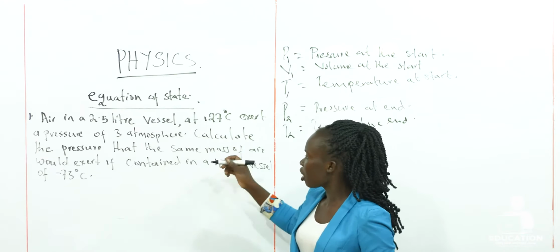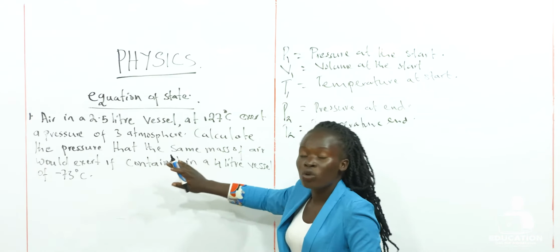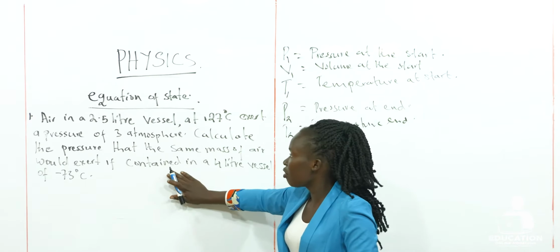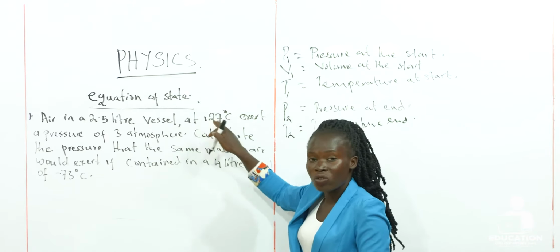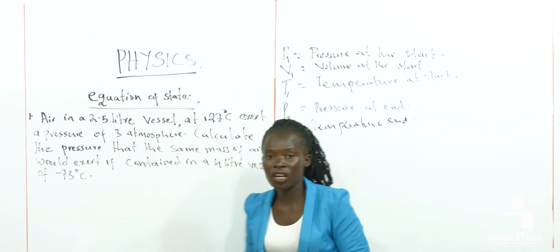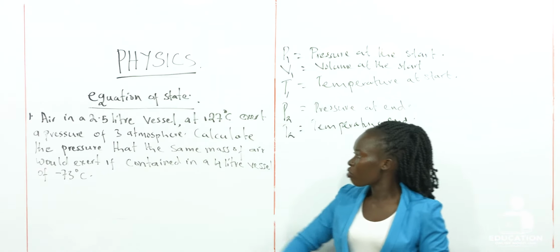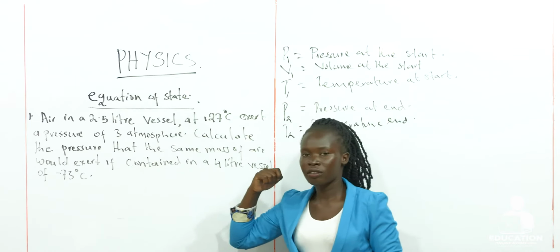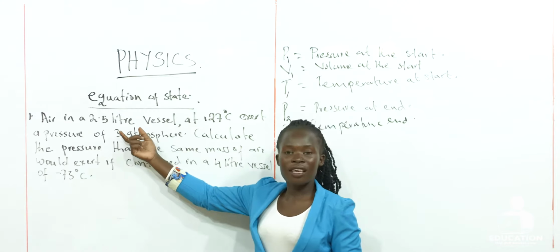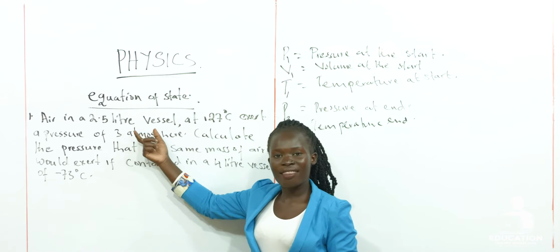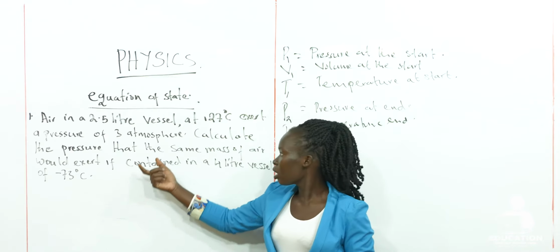Let's take a look at our question again. Air in a 2.5 liter vessel at what temperature? At 127 degrees Celsius exerts a pressure of 3 atmosphere. So now you're seeing the temperature and the pressure at the start of your experiment.